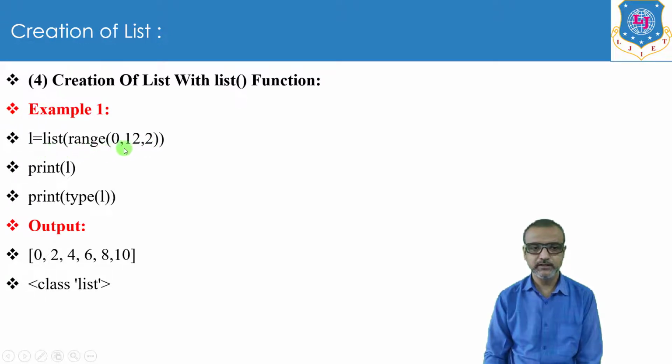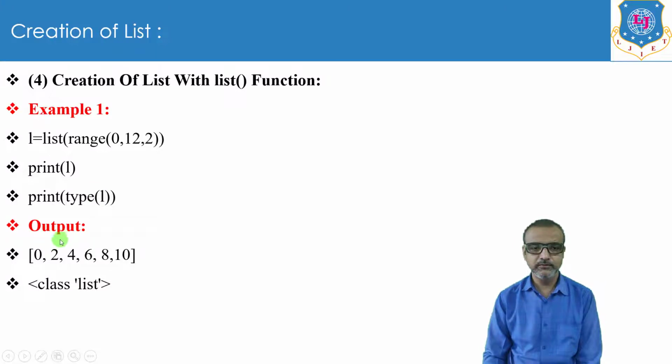So what this list function will do is print the elements from 0 to 11 by taking a step size of 2. Print L will print all the elements present in the variable L. Print type of L will give us the type of variable L, that is list in this case.